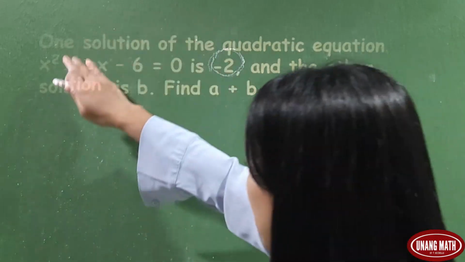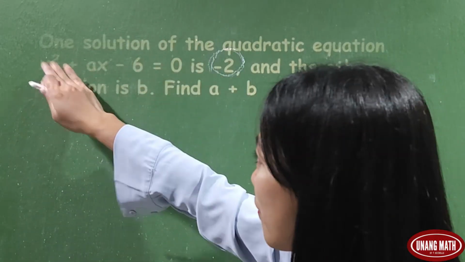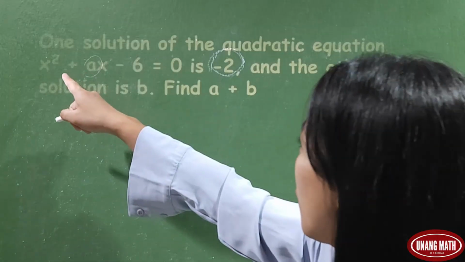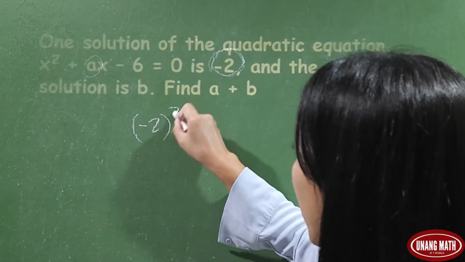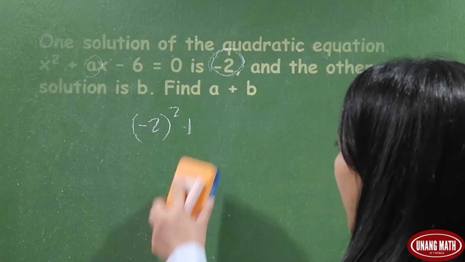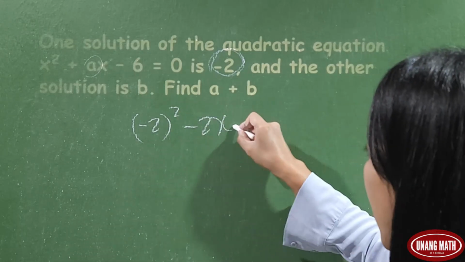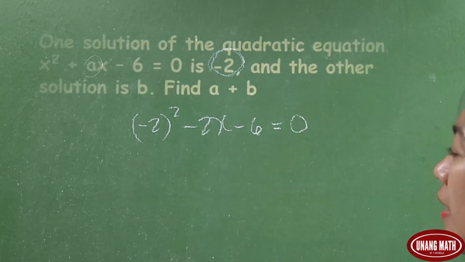Okay, let's substitute this negative 2 as the value of x so we can find a. So this is then negative 2 squared minus 2a minus 6, and this is equal to 0.